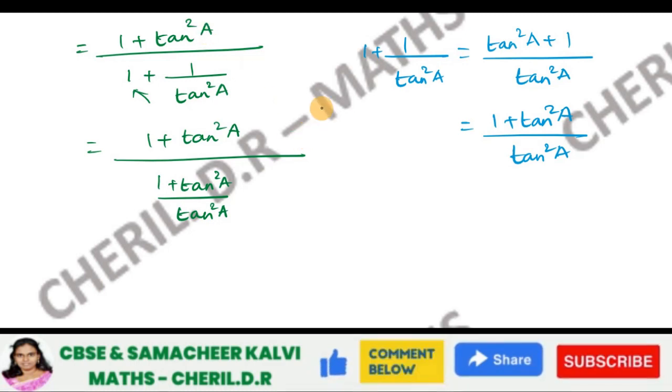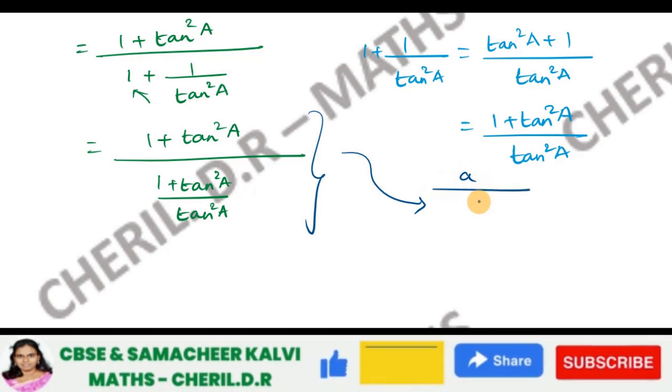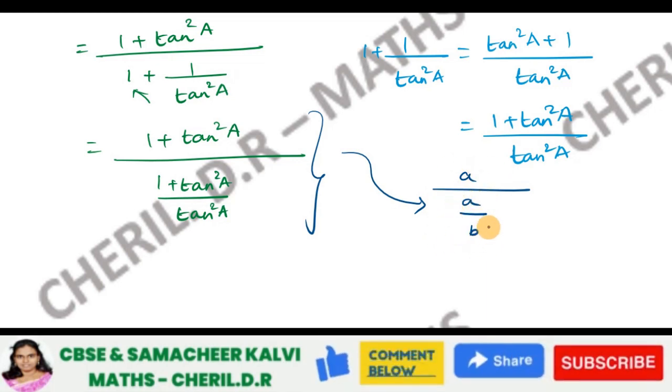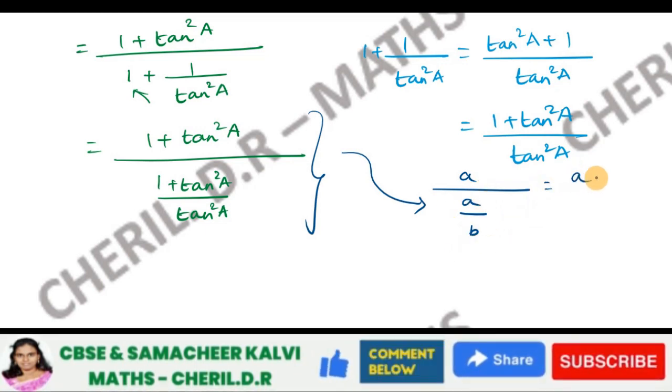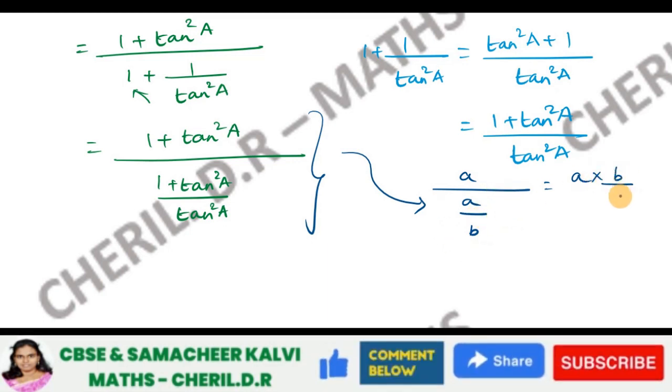Here I can consider it to be A divided by A by B. Can you see? Yes. So in that case, we have this here down in the denominator. So how can we write it? When bringing it to the numerator, this will become A into B by A.